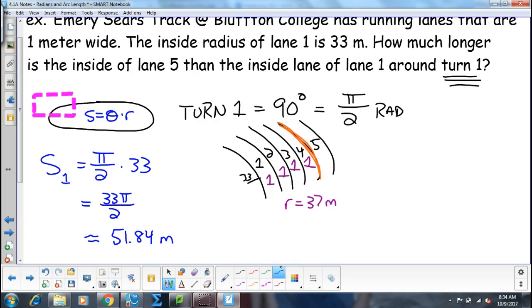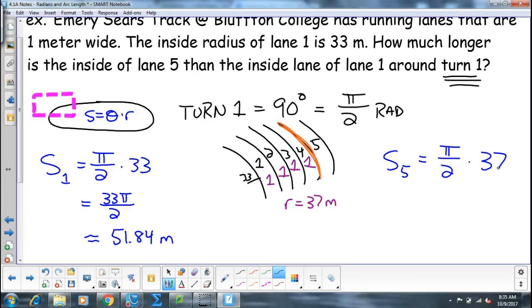So the arc length of lane 5 is going to be pi over 2 times 37 meters, which is 37 pi over 2, which is approximately 58.12.